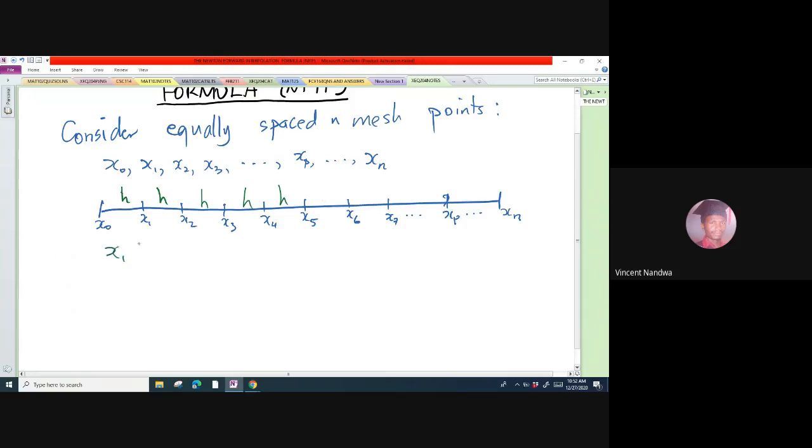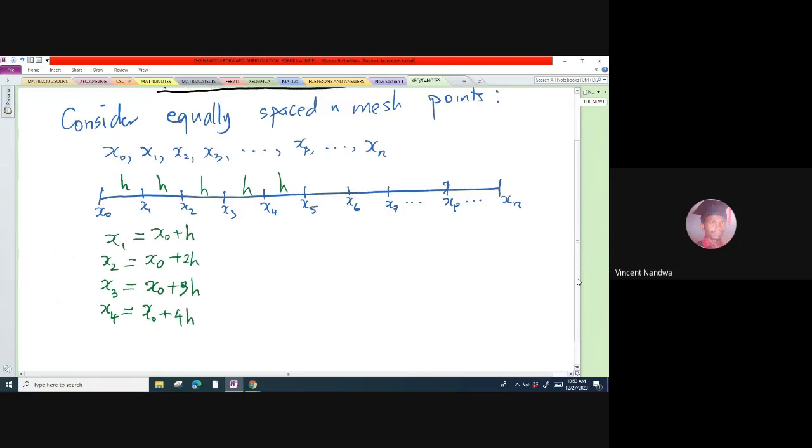To get the values of each mesh point with respect to the starting mesh point x naught: x1 is x naught plus h, and x2 is x naught plus 2h, since you need to move h steps two times. x3 will be x naught plus 3h. x4, to reach here we have 1, 2, 3, 4, is x naught plus 4 times h.